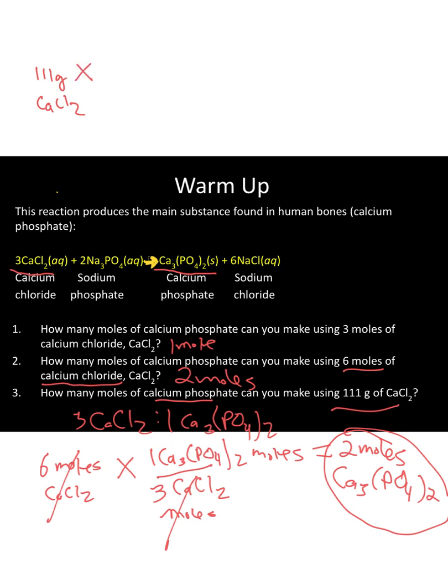So I'll set up that dimensional analysis by putting what I want, which is the mole. So 1 mole calcium chloride is to the number of grams of calcium chloride. And I just looked it up, and luckily, it is a very convenient number. It's 111 grams.